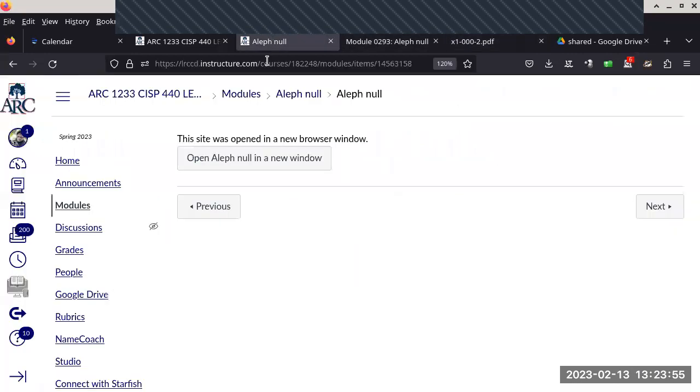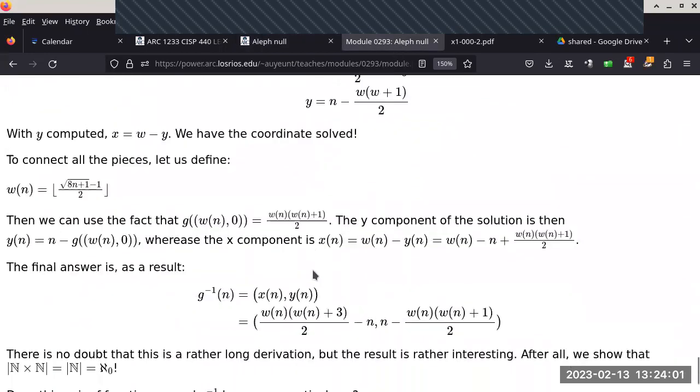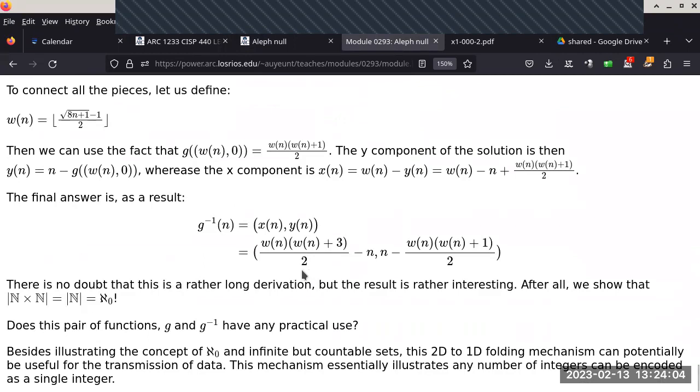All right, it's in Aleph null, the module, and it is right here. So G inverse of a natural number is splitting into two things here. And WN is defined up there. So you just have to apply that.